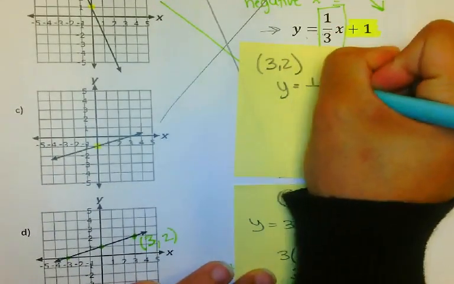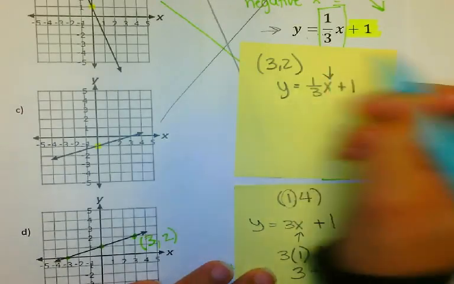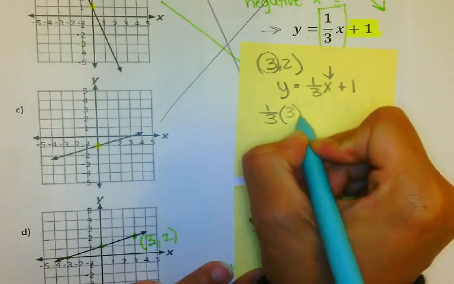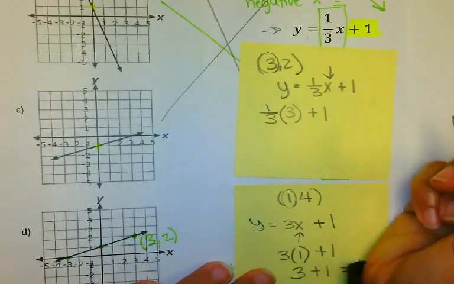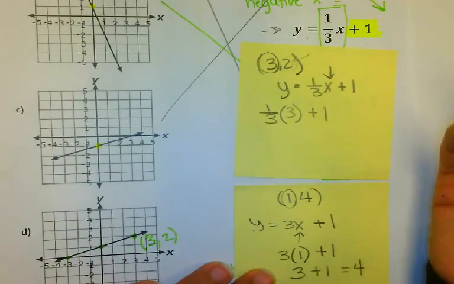My equation is y equals 1/3 x plus 1. So this is my x, that's where this is getting plugged in. So we get 1/3 times 3 plus 1. You don't do anything with the y because that has to be your total. That's what you're trying to equal it to.